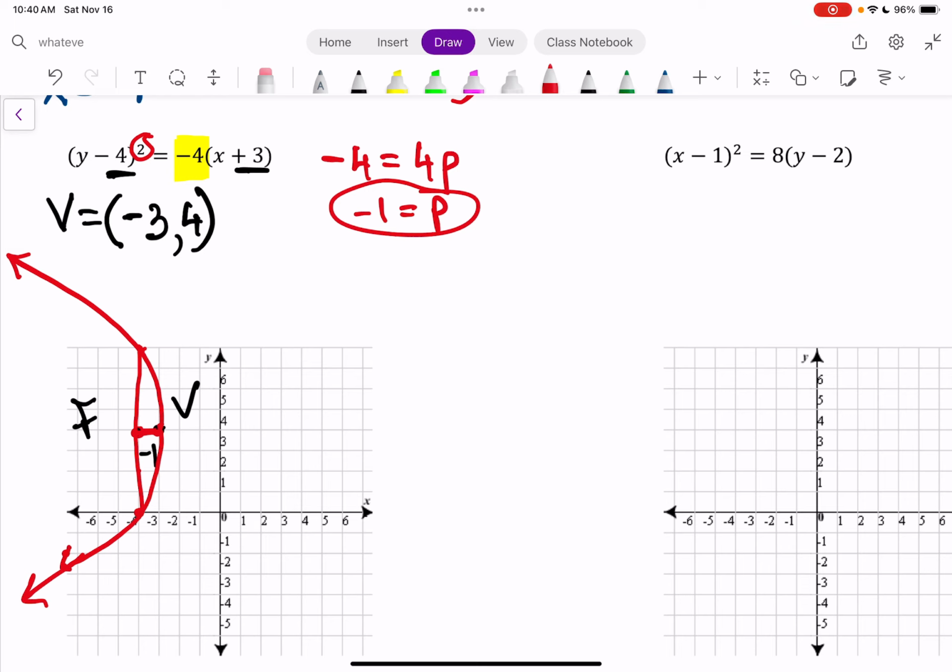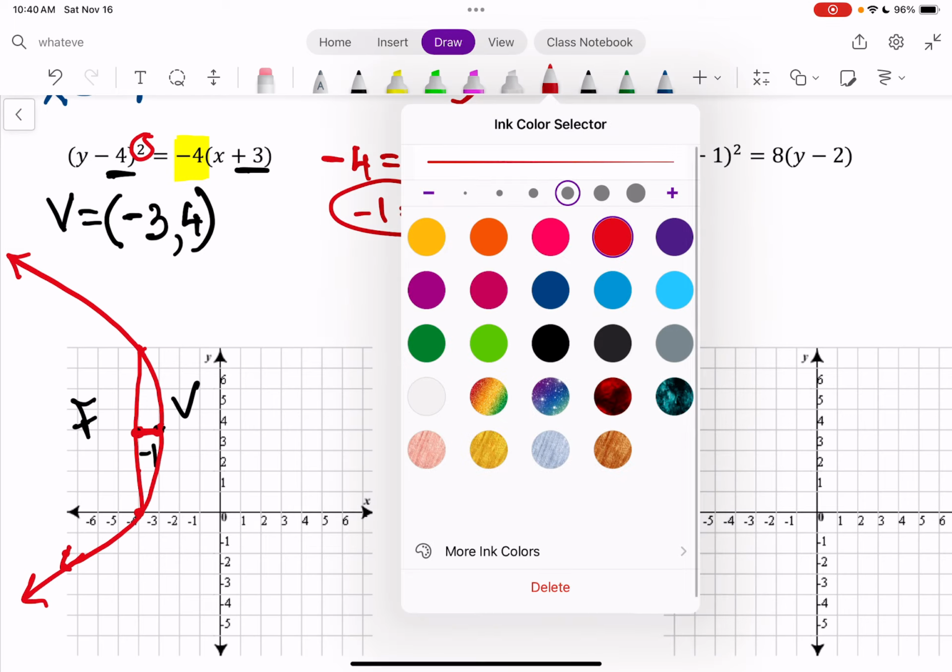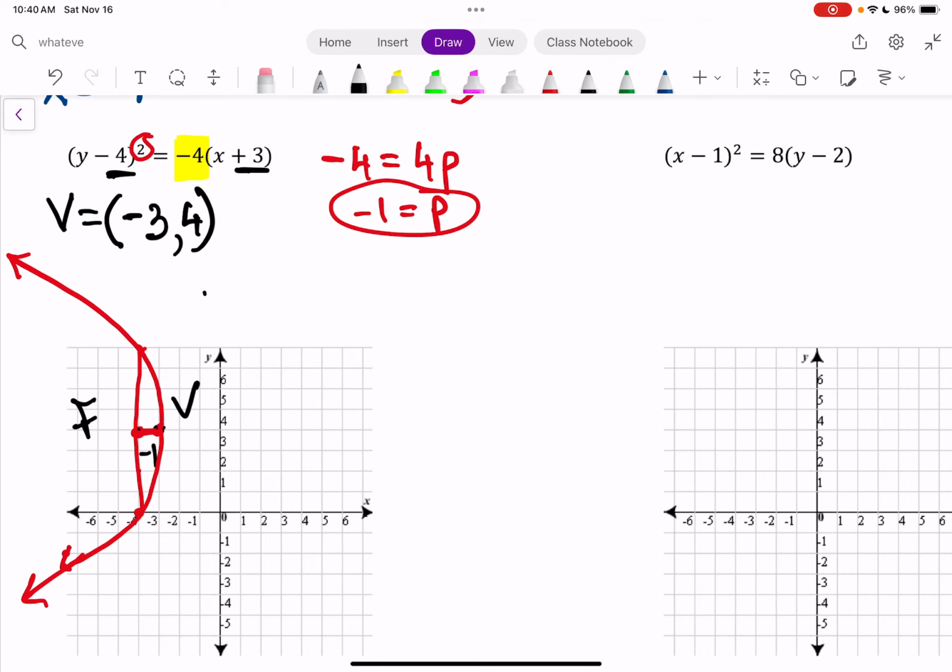We need the equation of the directrix, okay? And now that I have a pretty picture, I can tell where the focus is. It's going to be at -4, 4. That's simply because from -3, we had to go down 1 unit, and you could also read it off the graph. The equation of the directrix is on the opposite side of the focus.